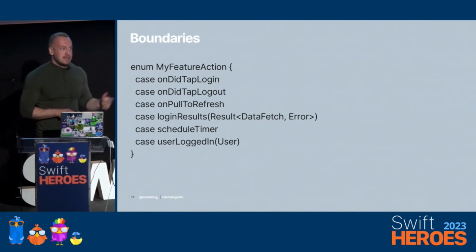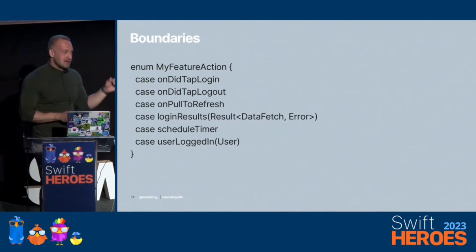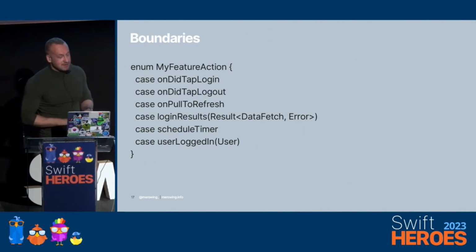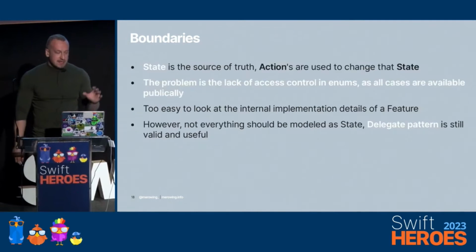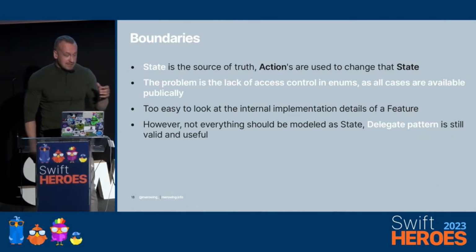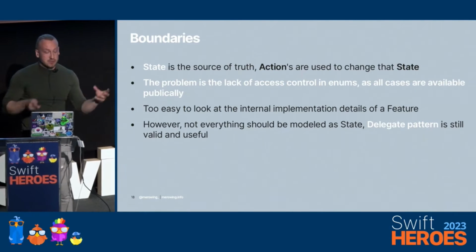When I worked at the browser, we had action sets that were 200 actions. Trust me, it's not clear which are the view actions and which are the private actions at that point. So that's not really nice. Because the state is the source of truth, the lack of access controls causes the problem that people actually see everything and they can observe everything.